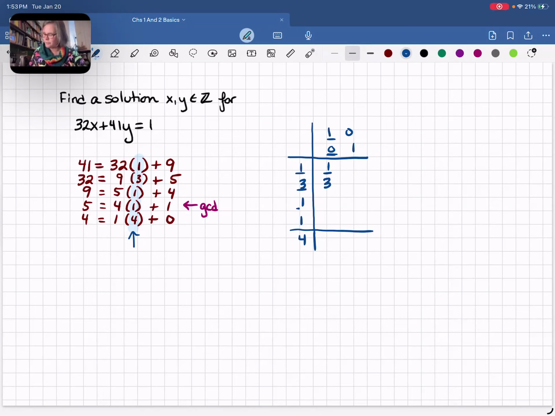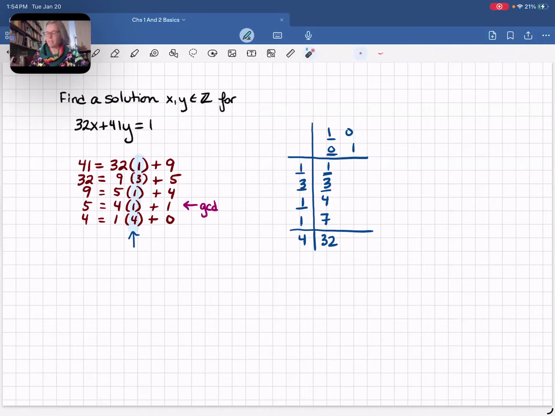That's 3. 1 times 3 plus 1. That's 4. 1 times 4 plus 3, 4 plus 3 is 7. 4 times 7 plus 4, 28 plus 4, that's 32. Okay, so each time I take the number on the left, I multiply it by the value 1 row above, and then I add the value 2 rows above.